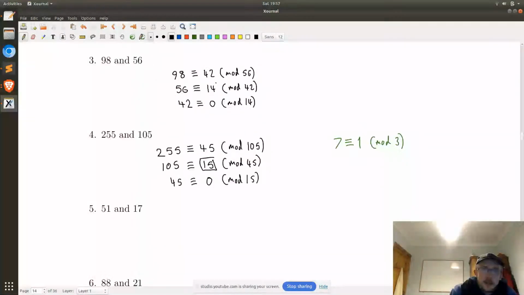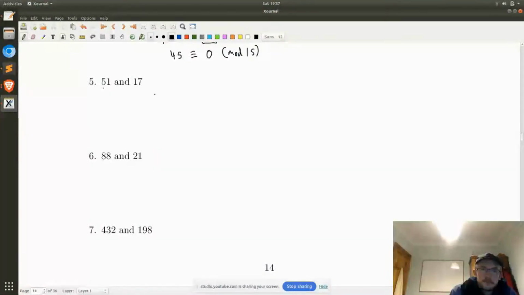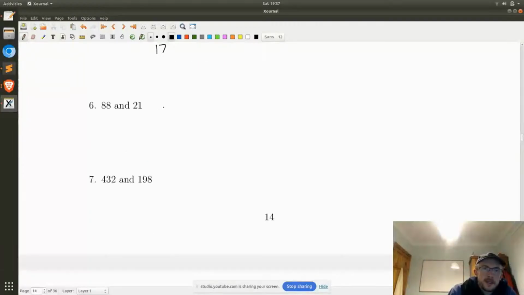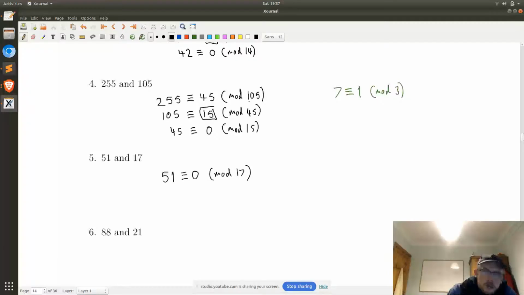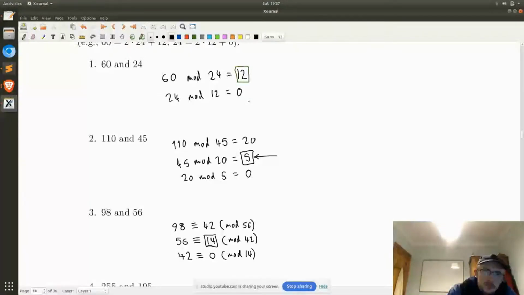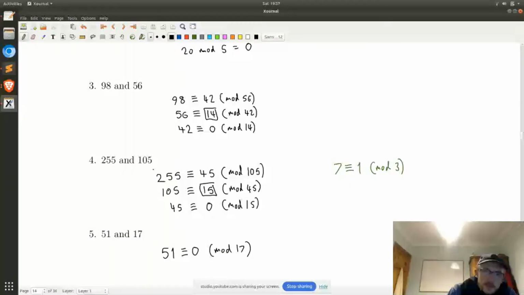And up here, the answer is 14 times table. The answer is just 17. There's no need to do this. But wait, maybe there actually is a need. Anyway, the greatest common divisor 15 matches that.